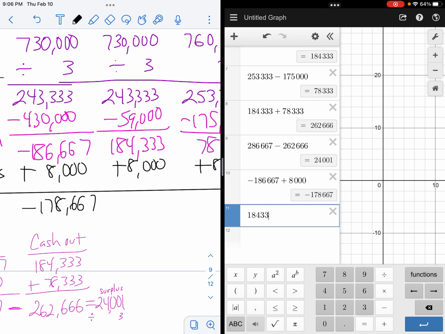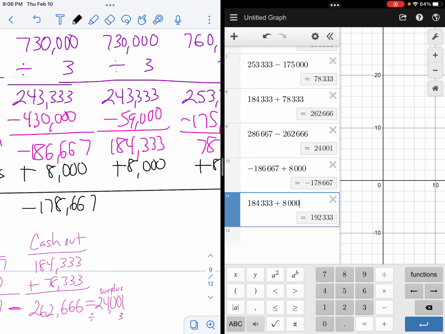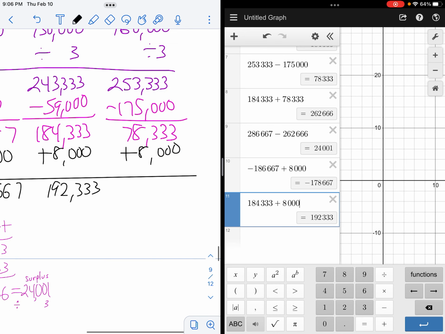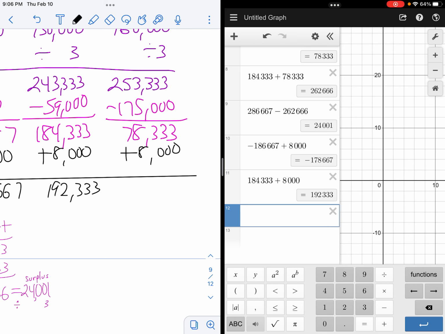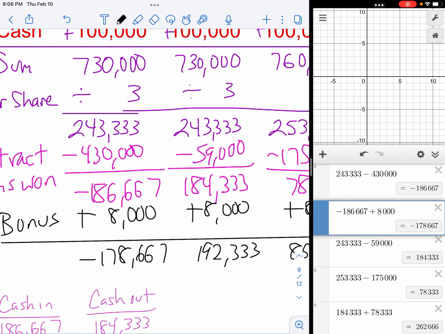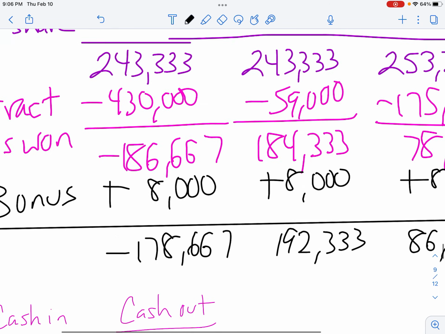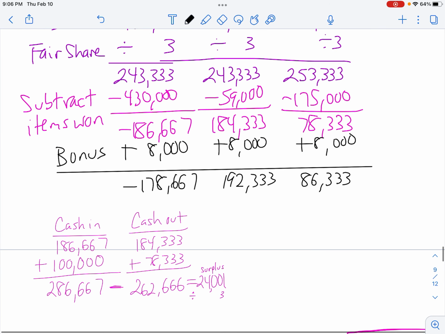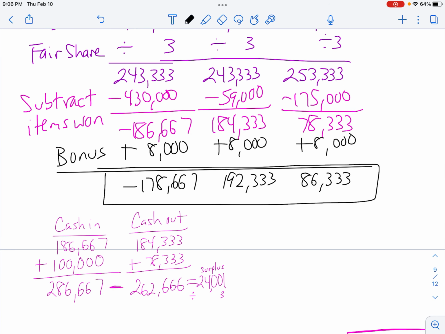B is getting 184,333 and plus an $8,000 bonus, so that's 192,333. And then Chad is getting 86,333 when you add those. And those are your final answers right there. This is your final dollar amounts for everyone.